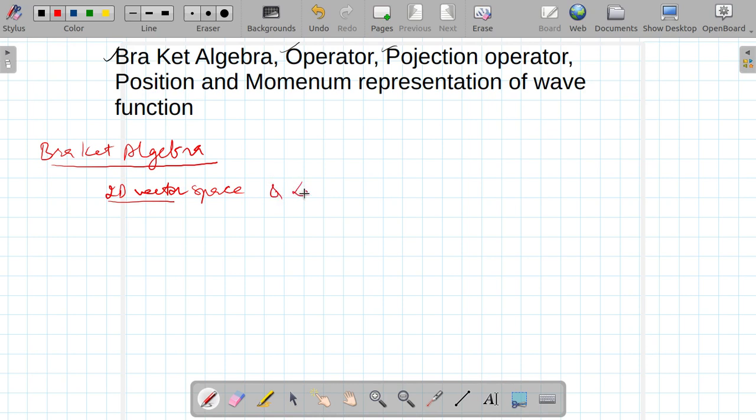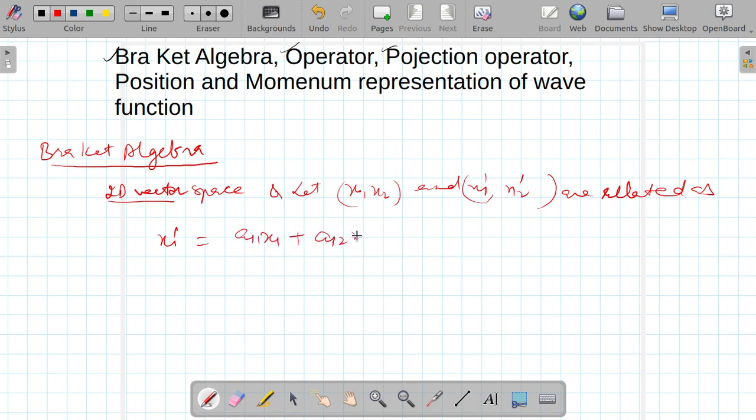And we have two vectors x1, x2 and x1 prime and x2 prime, and they are related as, say, x1 prime is equal to a11 x1 plus a12 x2, and x2 prime is equal to a21 x1 plus a22 x2.